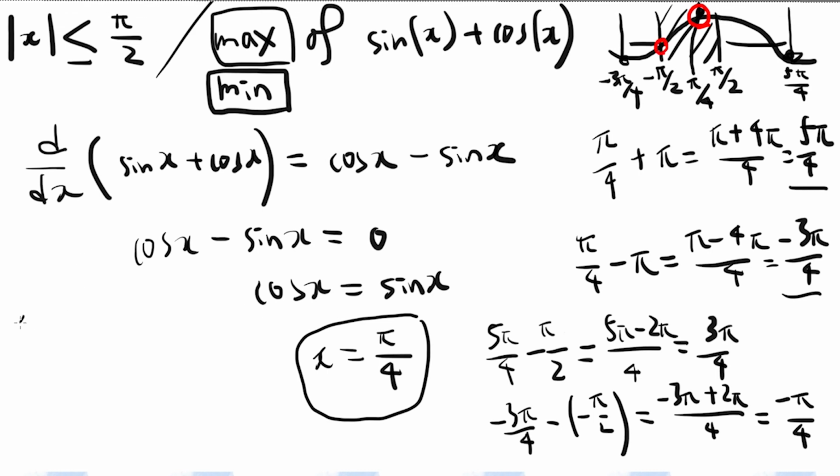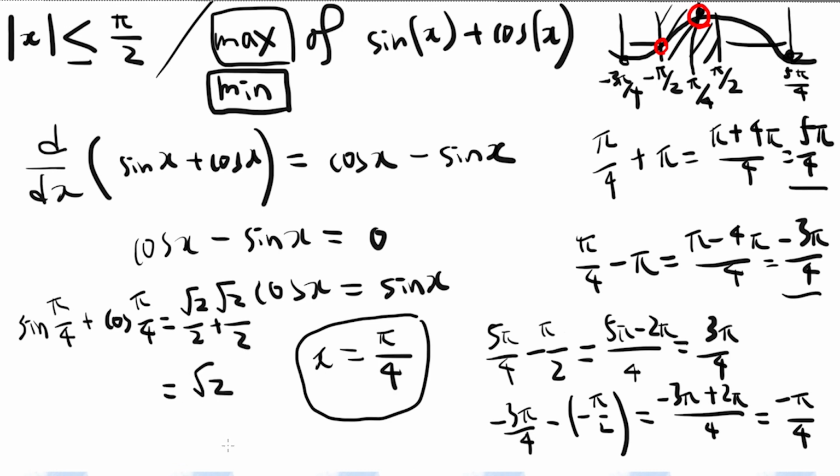So what is sine pi over 4 plus cosine pi over 4? Sine pi over 4 is root 2 over 2, and cosine pi over 4 is also root 2 over 2. So this is equal to root 2.